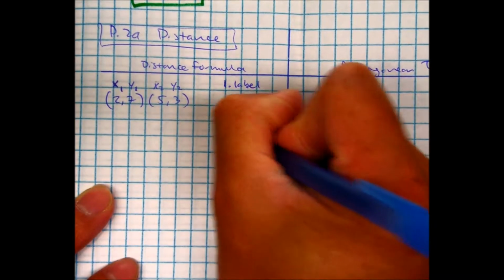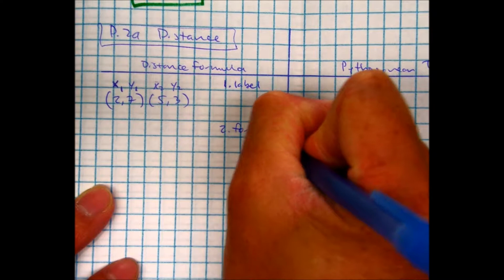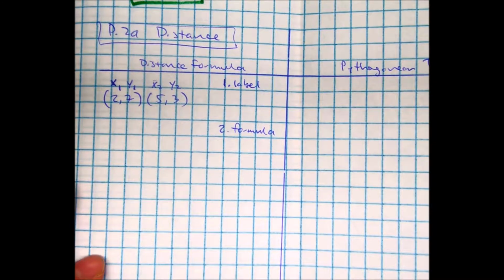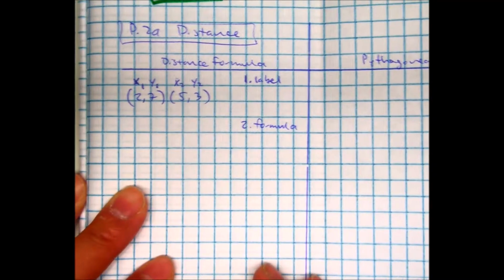The next thing I'm going to do is write down the formula. Everyone say formula. Partner B, tell partner A, what is the distance formula? Jennifer, what is the distance formula?